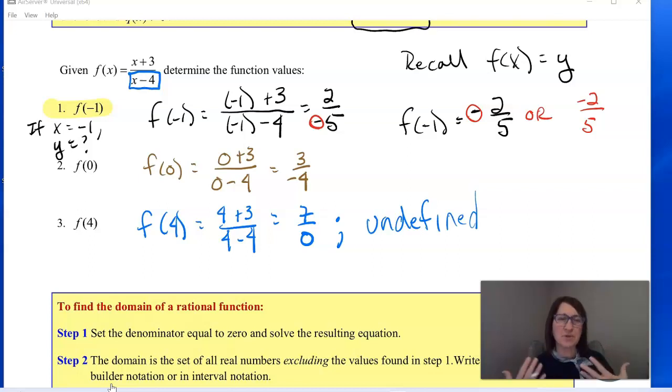A simpler way of saying that is any numbers that create a 0 in the denominator are excluded from the domain. So in this case, our domain would not have a 4 in it because it would create a situation in which our function is undefined.